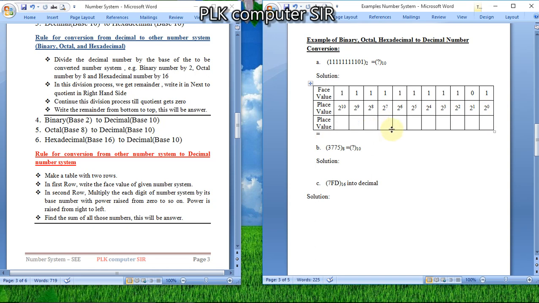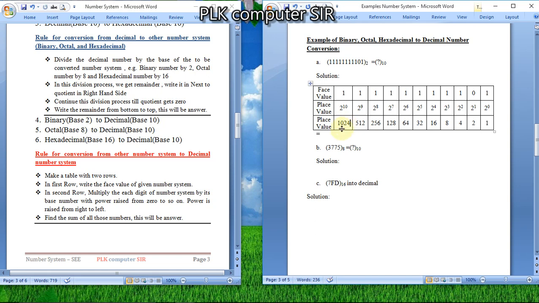So 2 to the power 0, anything to the power 0 is 1. 2 to the power 1 is 2. Then 4, 8, 16, 32, 64, 128, 256. You can use a calculator. Then 256 times 2 is 512, and 512 times 2 is 1024.